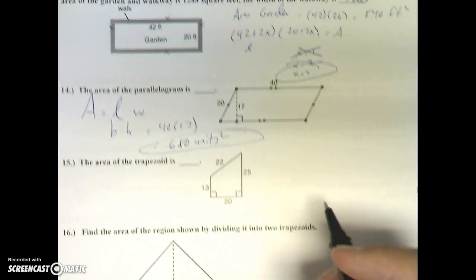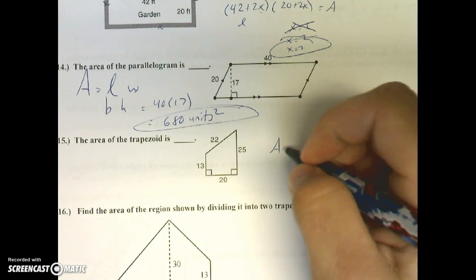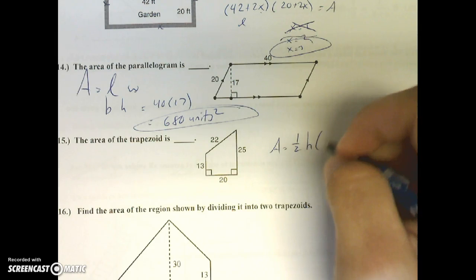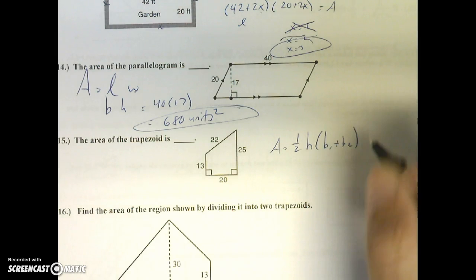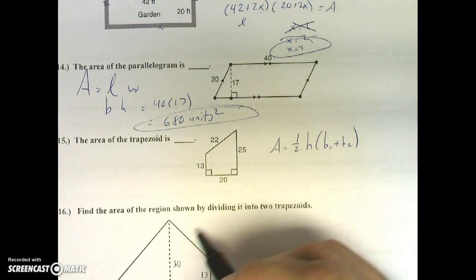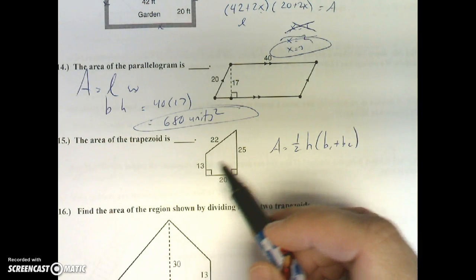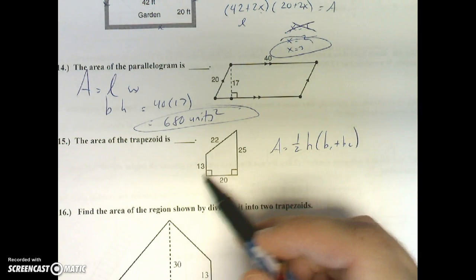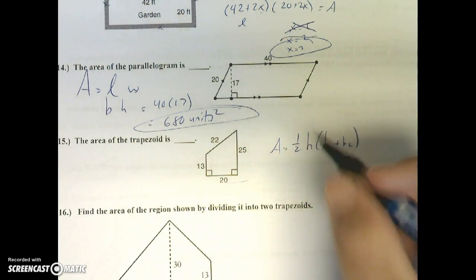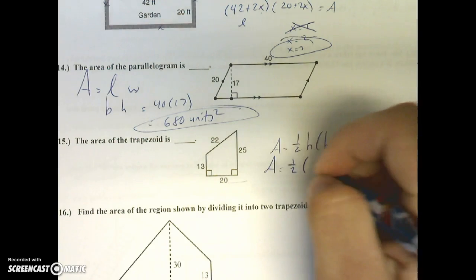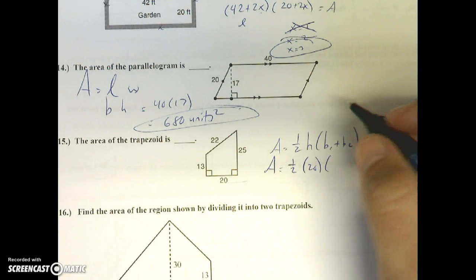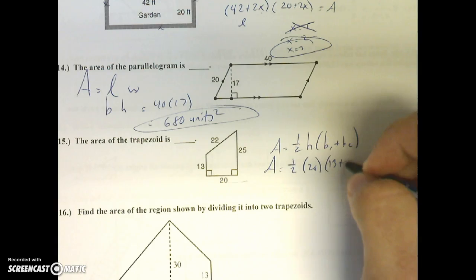Okay. Area of a trapezoid. Area is 1/2 height times base 1 plus base 2. Again, you have to make sure you recognize what the bases are and the height is. The bases are your parallel sides. So in this case, it's 13 and 25. The height is the perpendicular distance between them. So here our height is 20, and base 1 and base 2 are 13 and 25.